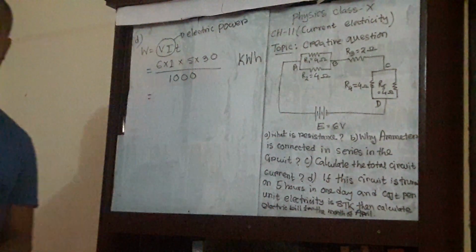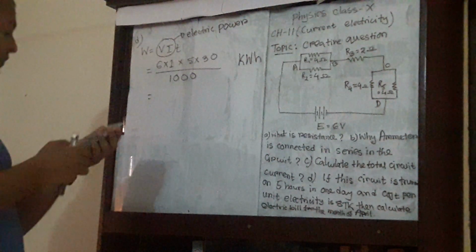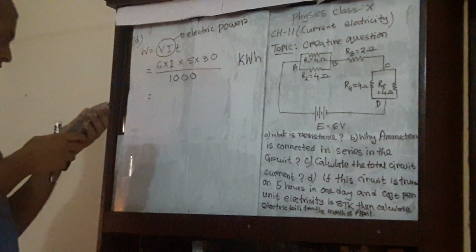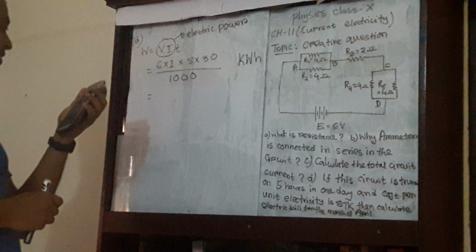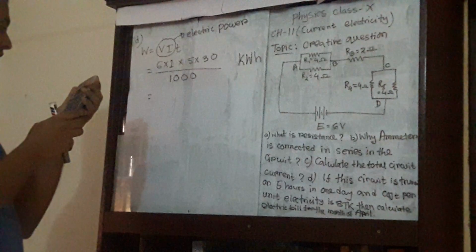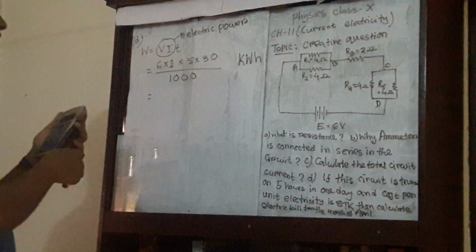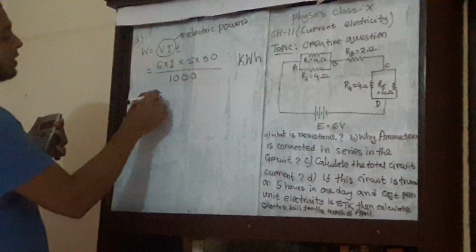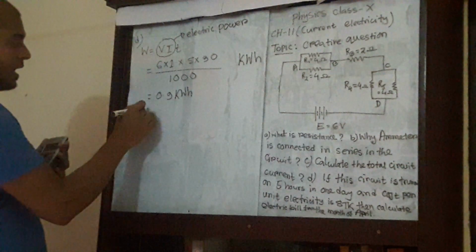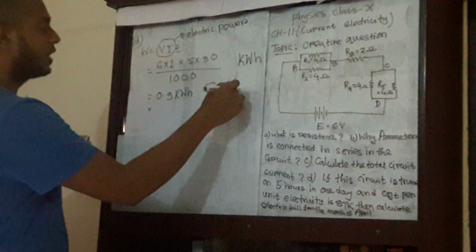So this will give you 6 into 5 into 30 divided by 1000, which equals 0.9 kilowatt hour. And you know, boys and girls, 1 kilowatt hour equals 1 BOT.